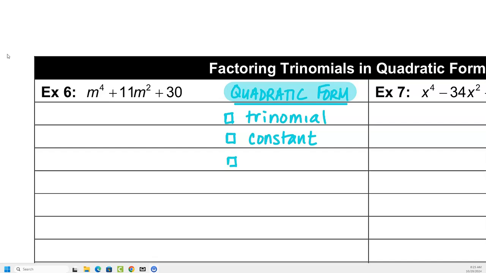Okay, and the third, okay, if you double the middle exponent, it has to equal the first exponent.